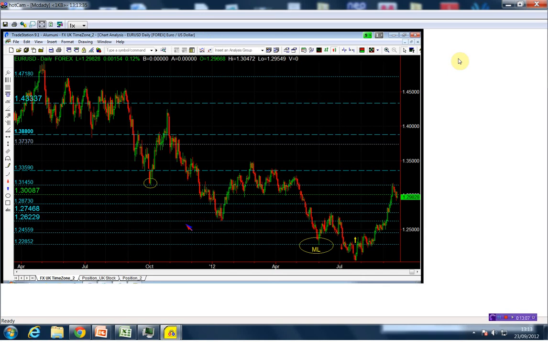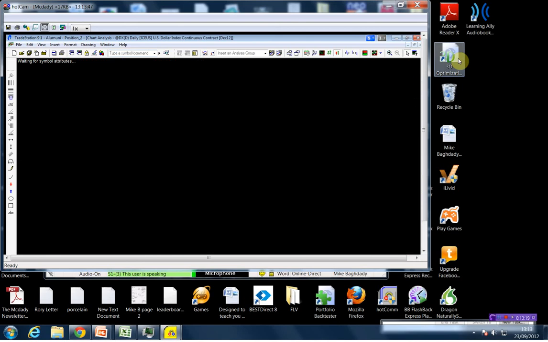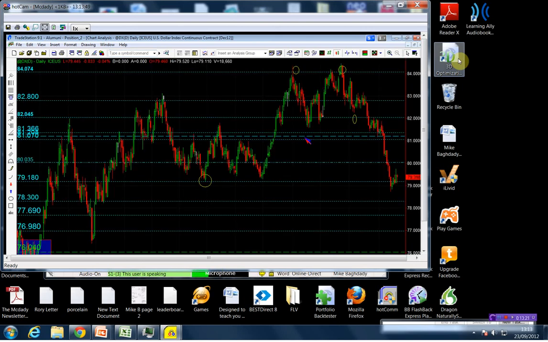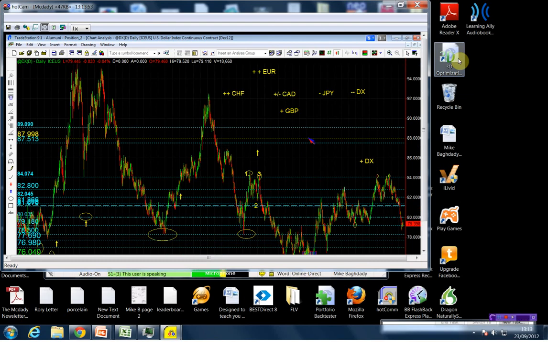Okay, so we are going to say that the euro dollar, going back to our chart, is neutral to positive. So the way we're going to put the euro dollar, it's not going to be that strong. It's no longer going to be that strong.